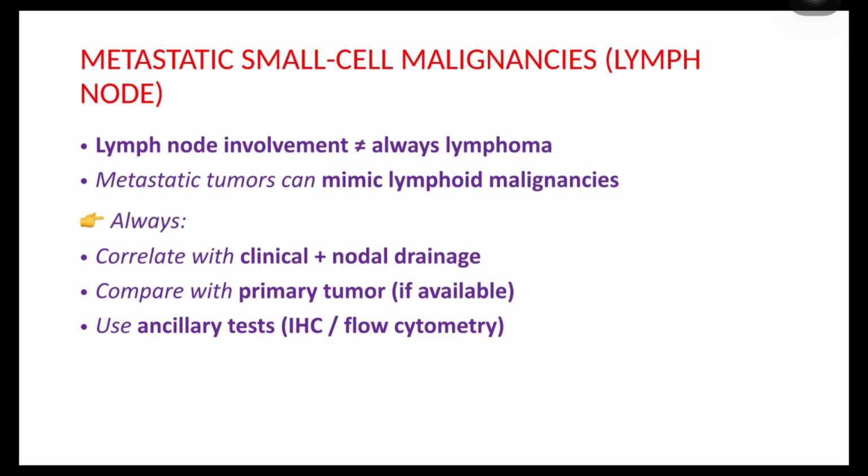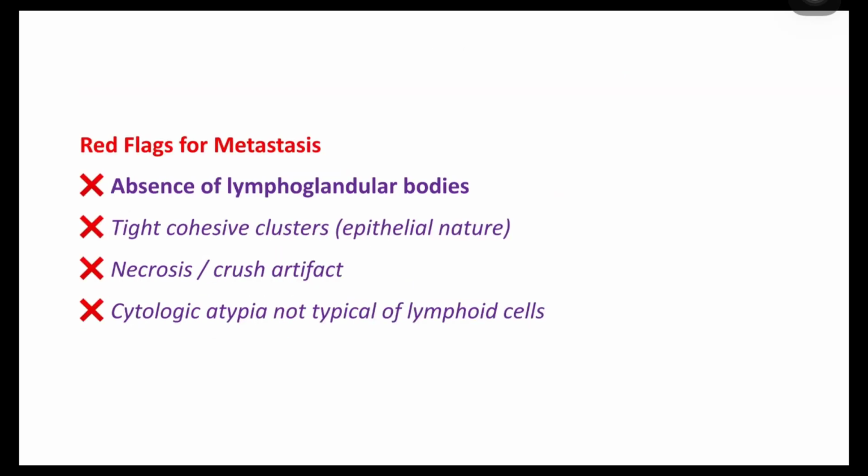Whenever we find this type of cell pattern, we must first exclude metastasis because it mimics lymphoid malignancy. So always correlate with clinical and nodal drainage area. Compare with primary tumor if available, and IHC and flow cytometry are very helpful.